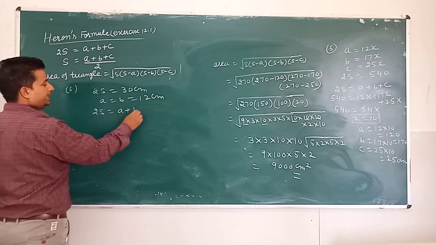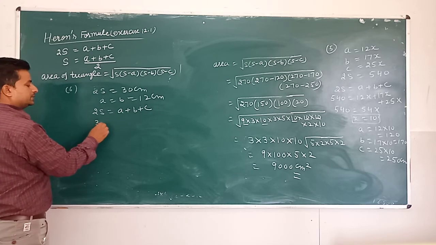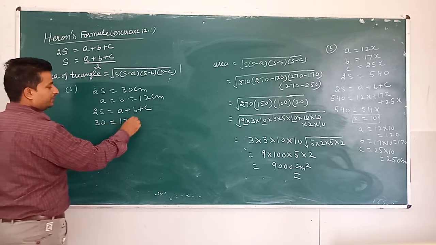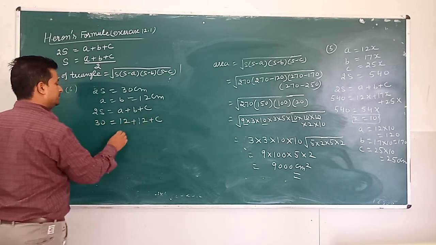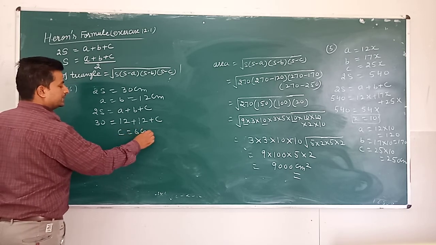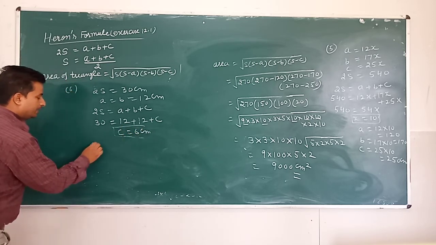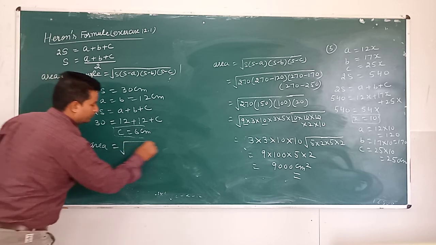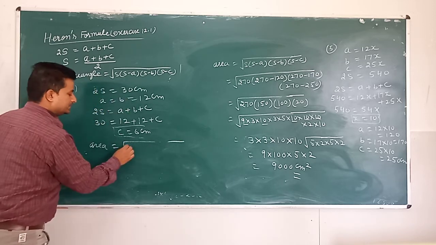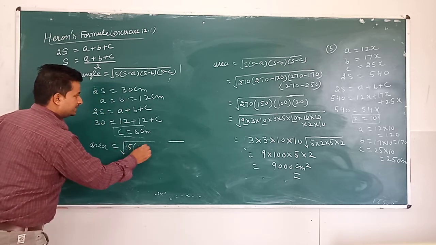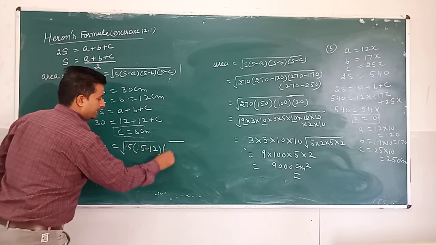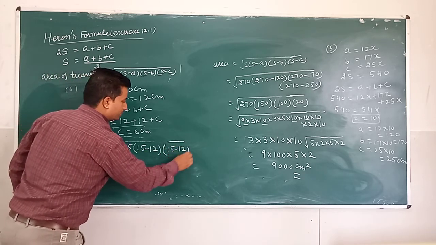First, 2s is A plus B plus C. This is 30. A is 12, B is 12 plus C. So C is 6 centimeter. This is the third side, and its area is: first S. S is 15. S minus A, which is 12. S minus B, which is again 12.